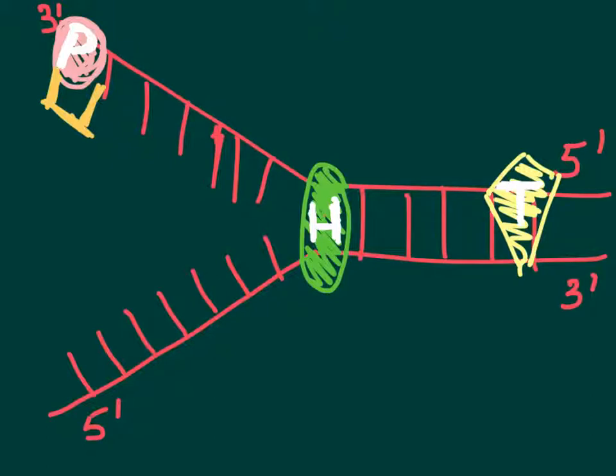Our last enzyme, DNA polymerase, what color haven't we used yet? Blue. DNA polymerase attaches, and it's going to attach complementary base pairs to the strand, moving on the template from 3' to 5'.